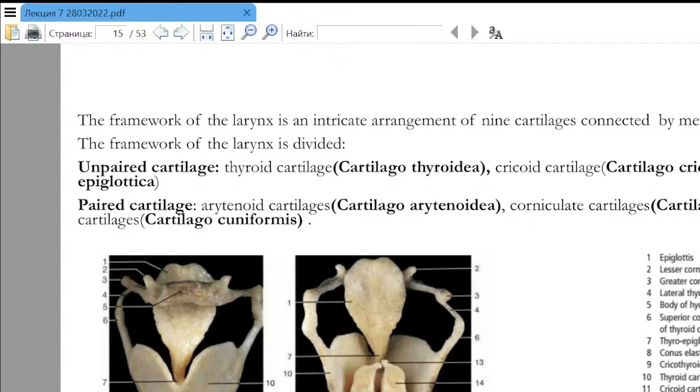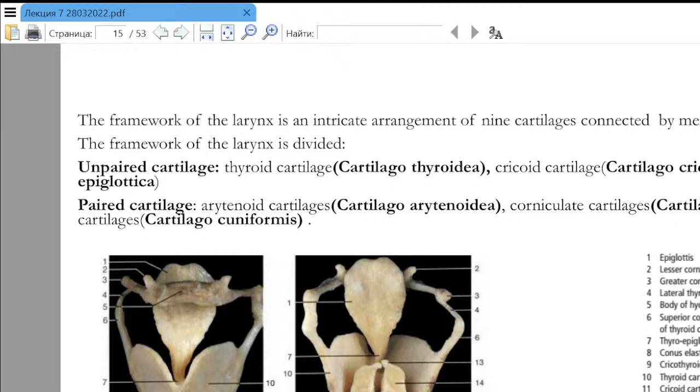It is divided into unpaired cartilages: thyroid cartilage, cricoid cartilage, and epiglottis; and paired cartilages: arytenoid cartilage, corniculate cartilage, and cuneiform cartilage.